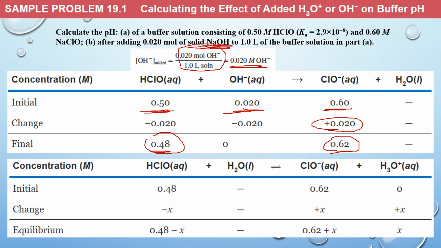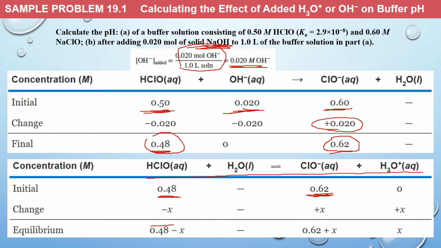Then we consider this equilibrium equation, using the concentrations we calculated from the previous step. This is a case where the added hydroxide already reacted. So we can use the same approach, using X to indicate the change of concentration.